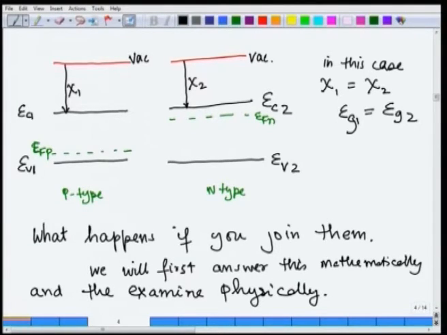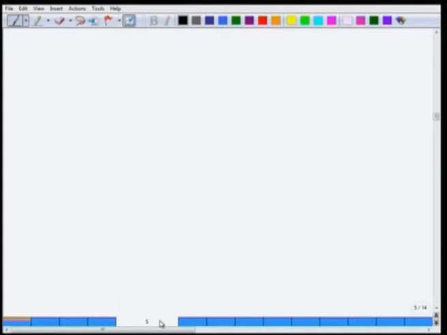First we will examine this question, what happens if you join them. Where I am taking you is, I am going to prove that these two energies must become the same, they must become equal. That is what I am trying to take you to, and we will see why this happens. So first we will answer this question mathematically, and then we will examine it physically as to why this should happen. So let us do that.